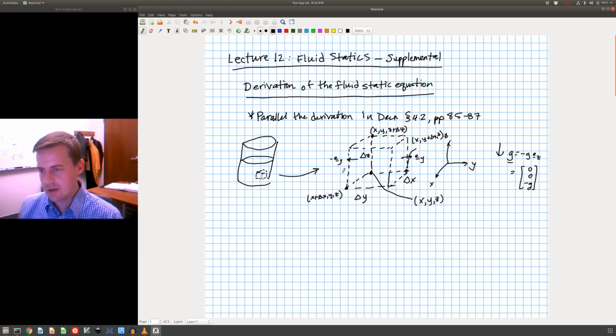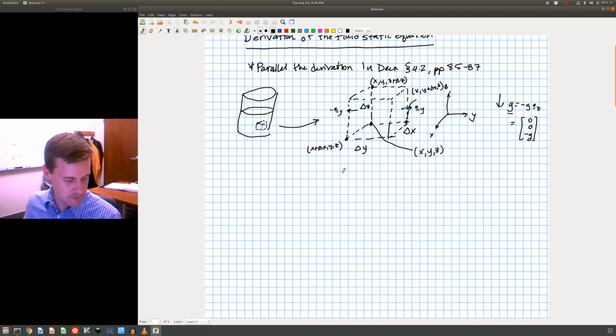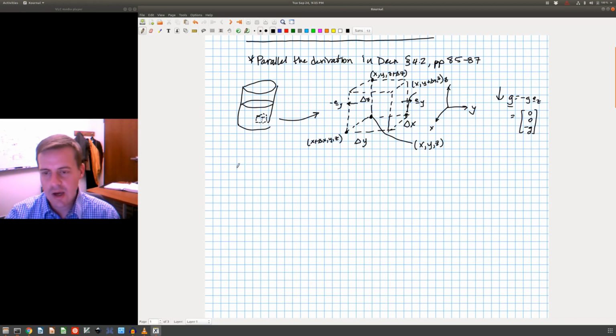We're going to use this to do our force balance. So that's now what we're going to do, we're going to set up a force balance on the rectangular prism.